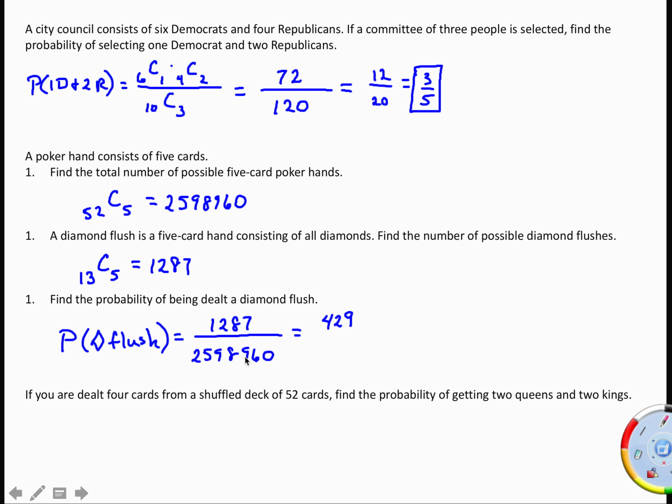Let's see if 2,598,960 is divisible by 3. Let's see if it's divisible by 3 again.